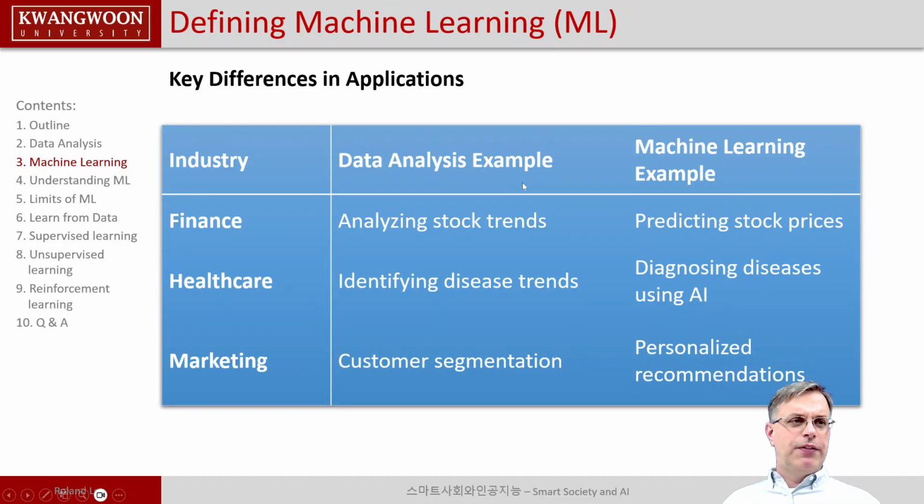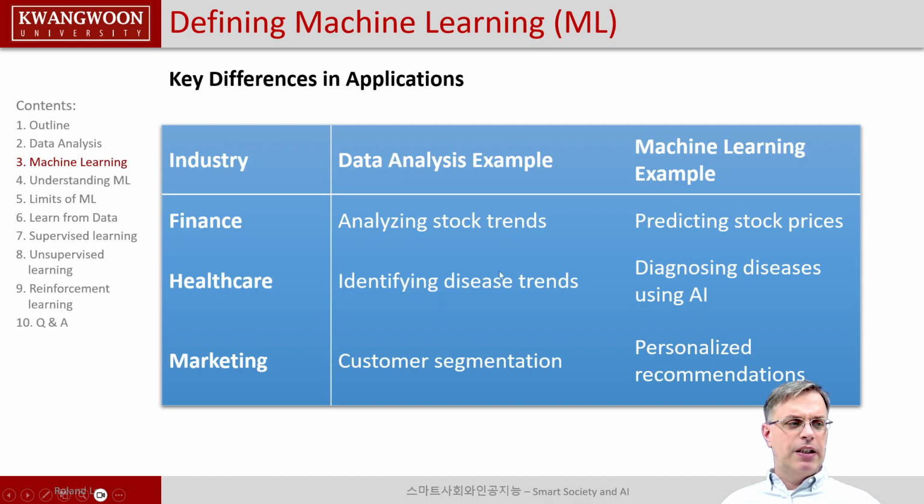In the case of industry analysis, the data analysis examples in finance, healthcare, and marketing show a different picture from machine learning examples. So you see here, analyzing stock trends is about data analysis, and predicting stock prices is about machine learning.